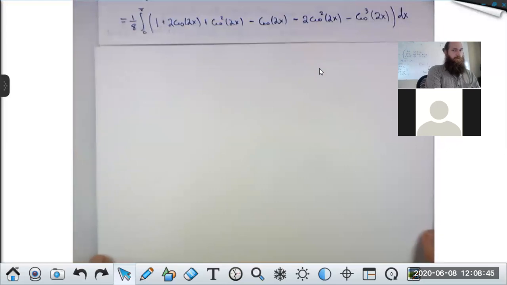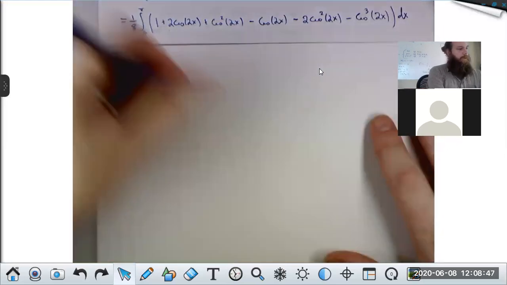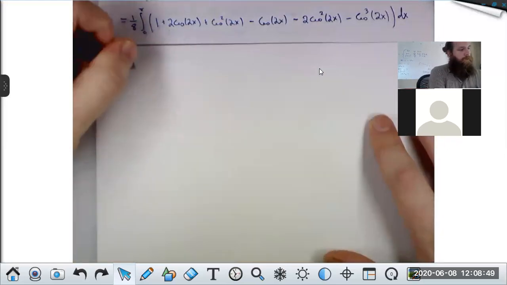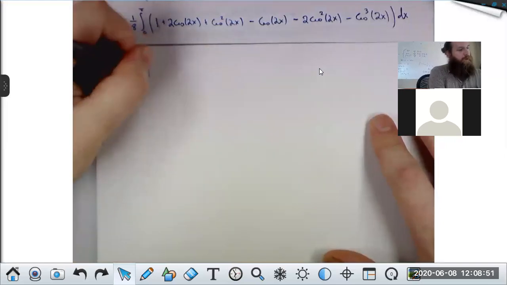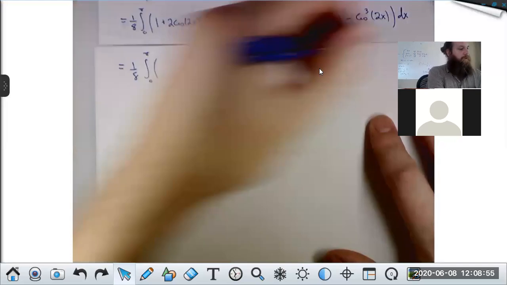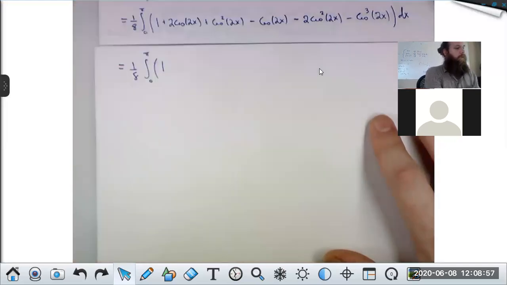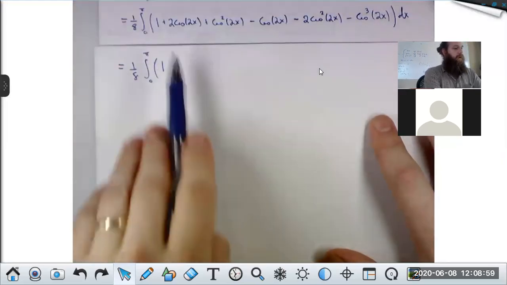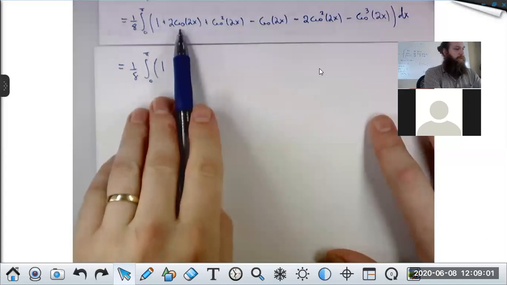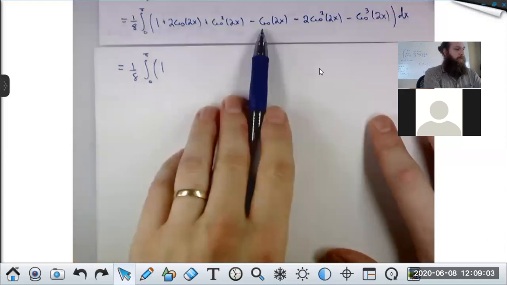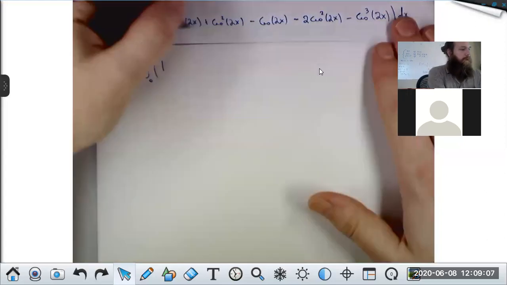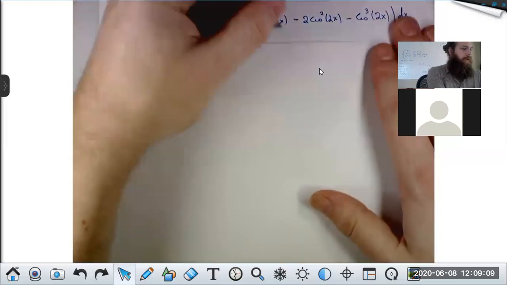If I combine my like terms, I get 1/8 integral 0 to pi. There's only one constant term, and it's 1. What about my regular cosines of 2x? Well, here's plus 2 of them, minus 1 of them. So I just have one copy of cos 2x, right? These guys are like terms.